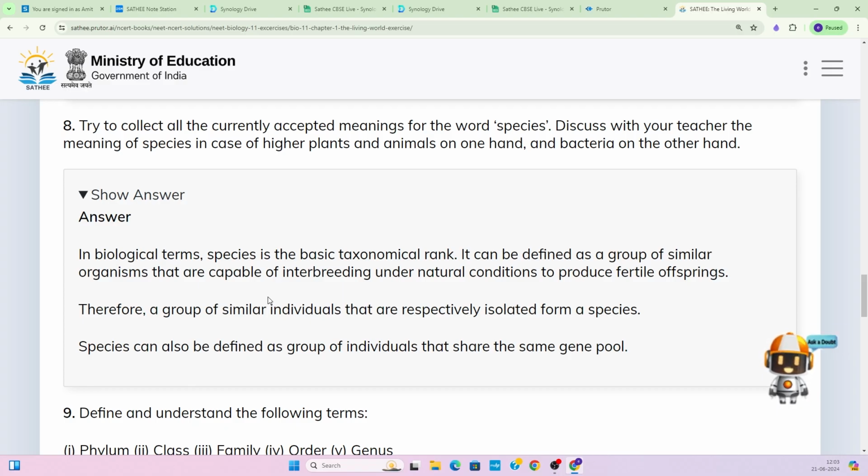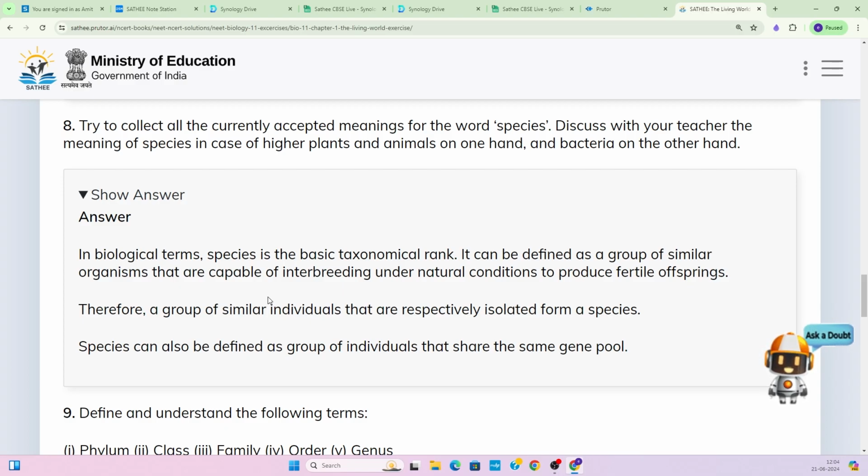So species can be defined as a group of similar organisms. There are some organisms in a particular group and they can interbreed. It means that male and female can copulate and give rise to offspring that are fertile. Very important.